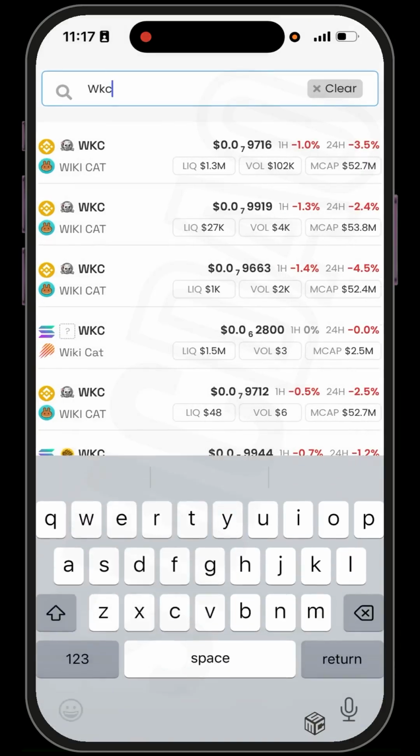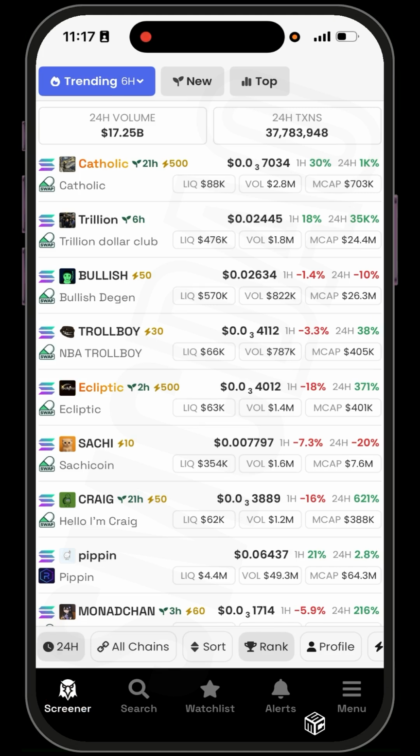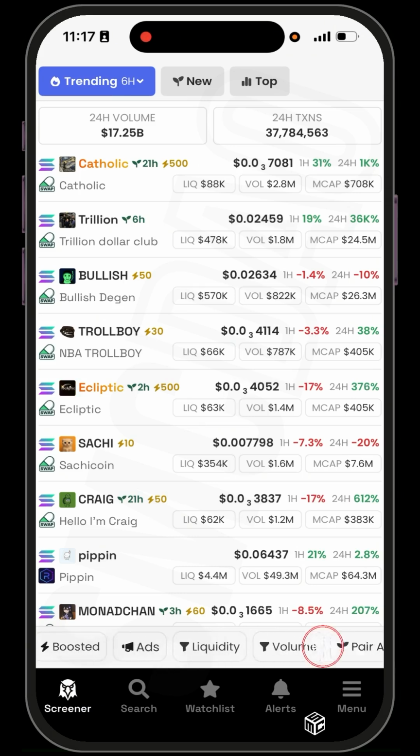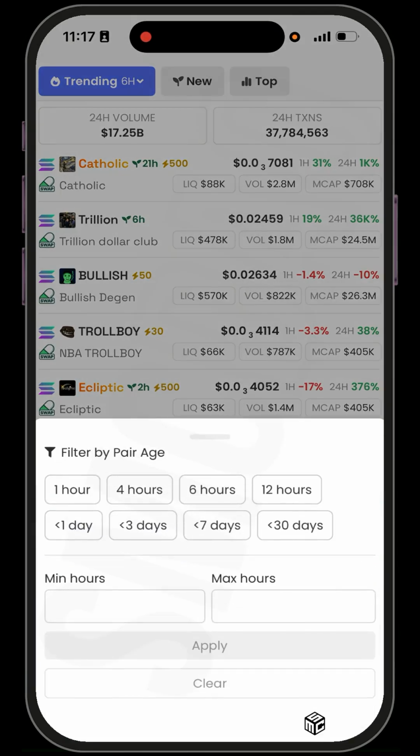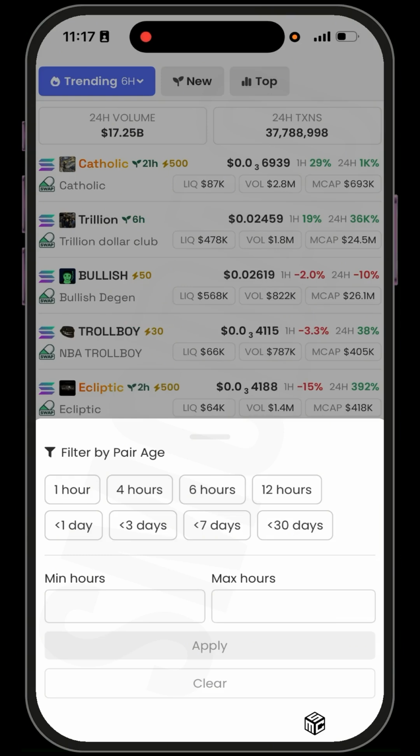And you can also use the pair age for early entries. Let's go back to our home screen, and here you try to use the pair age for early entries. A pair listed within 5 minutes is ultra early, 1 hour is still early, and 24 hours it becomes a growing trend.